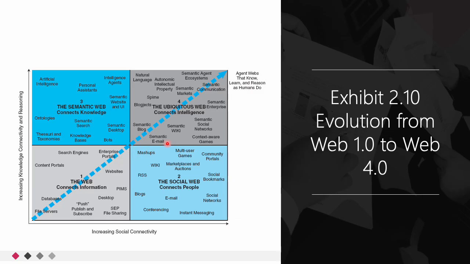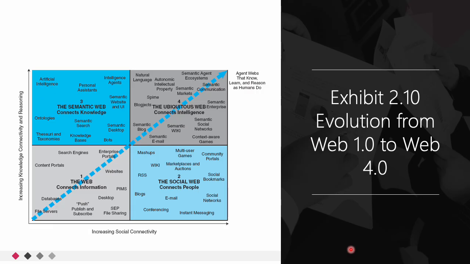And the vertical axis on the left represents increasing knowledge connectivity and reasoning. As you move up, the web becomes smarter, more intelligent, and better at understanding and connecting information.